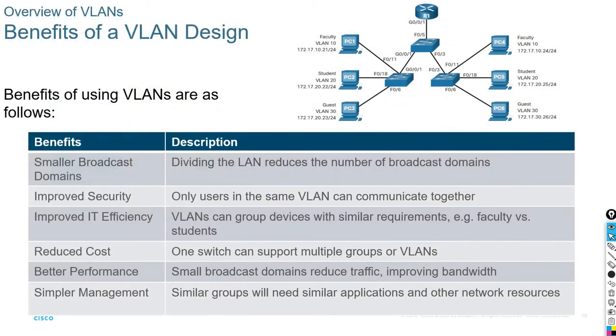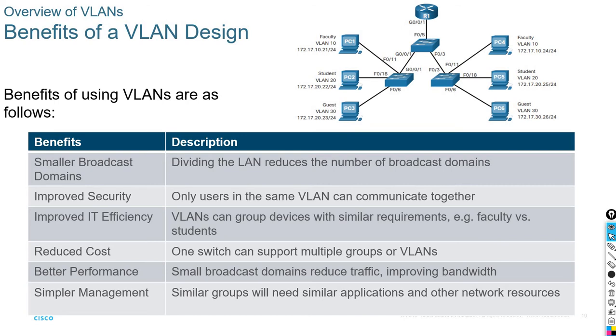So what are the benefits of VLANs? Generally, smaller broadcast domains: dividing the LAN reduces the number of broadcast domains. Improved security, improved IT efficiency, reduced cost, and better performance by reducing traffic and improving bandwidth, and reduced cost to support multiple groups or VLANs.